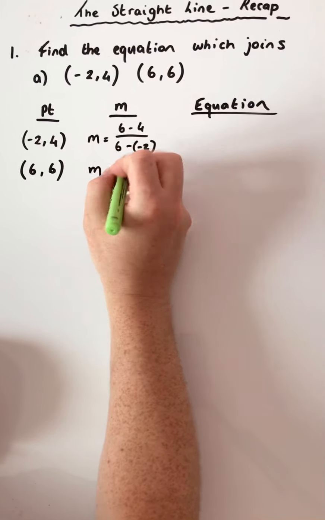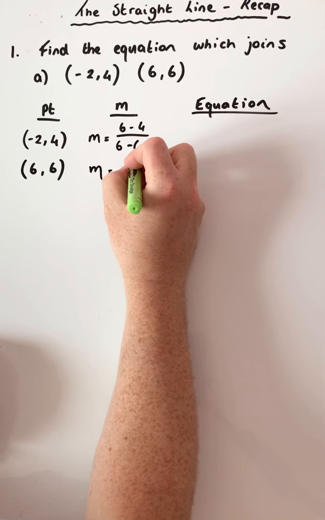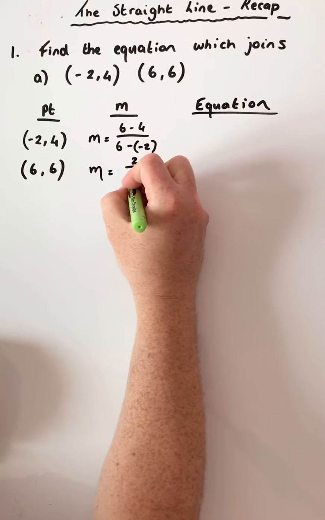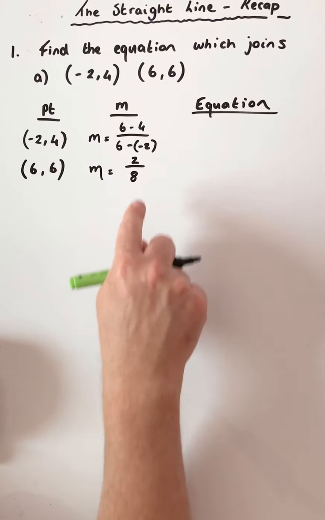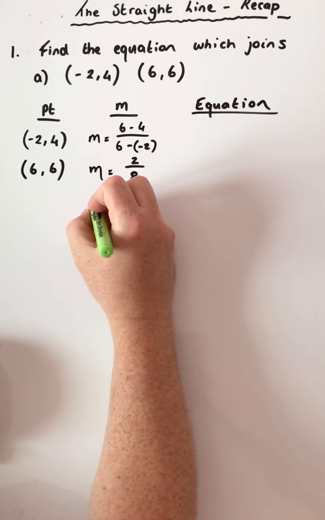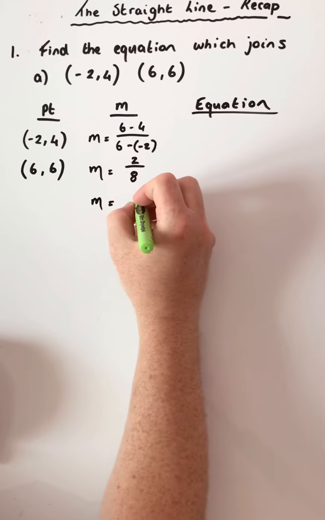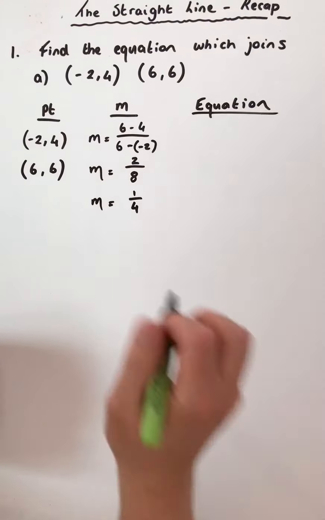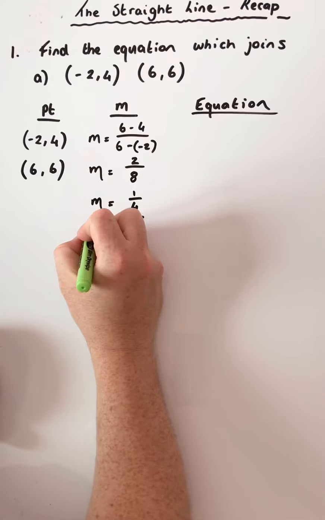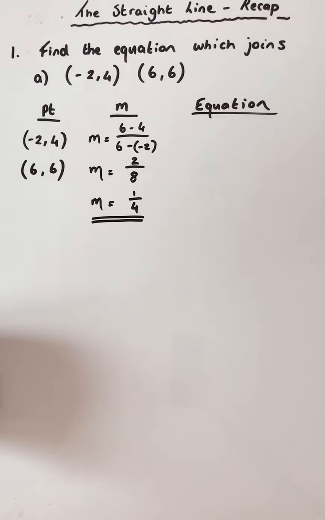If you're not familiar with this, please watch the videos earlier on. So 6 minus 4 is 2, and 6 minus negative 2, 6 add 2, is 8. Always simplify your fractions, no matter what age and stage you are.